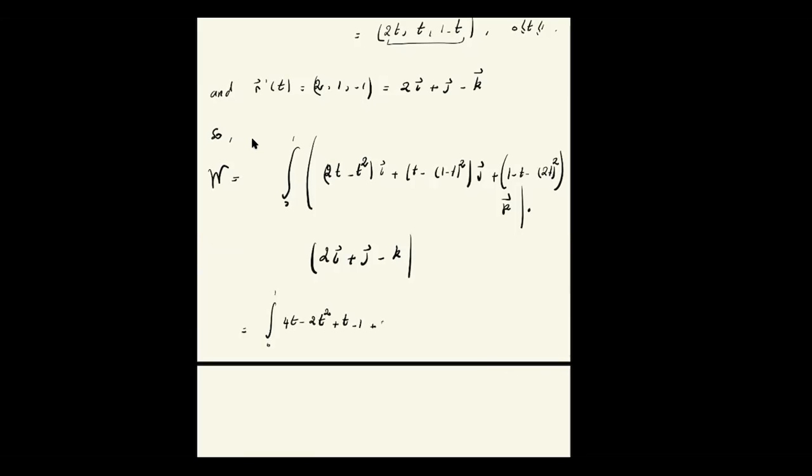Minus 1 plus 2t minus t squared minus 1 plus t plus 4t squared. So this is a polynomial. There is nothing hard in integrating this thing, and you just have to do it. It's supposed to give you 7/3.